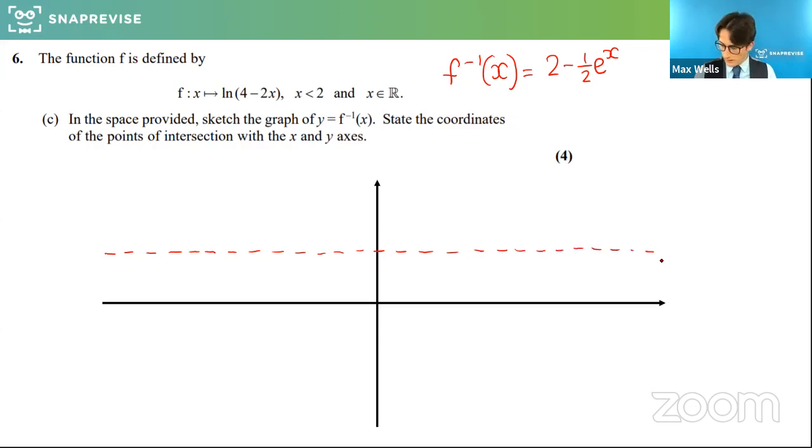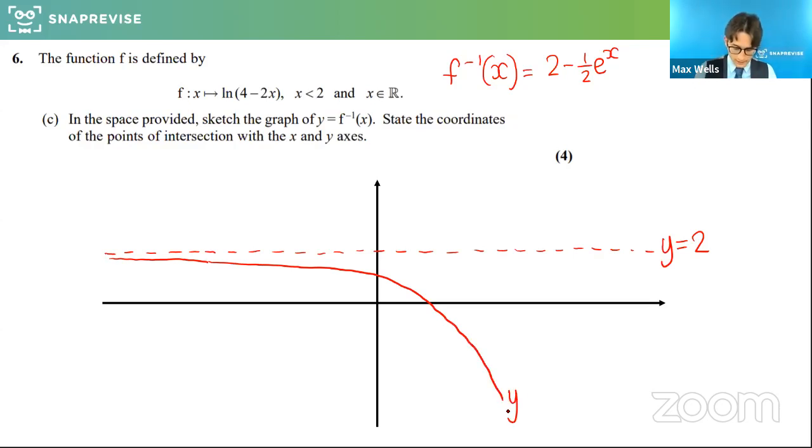So this is the line y equals 2, and it's going to have a shape that looks like this. Okay, so this is y equals 2 minus a half e to the x.